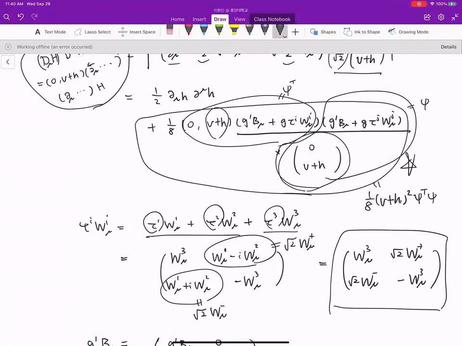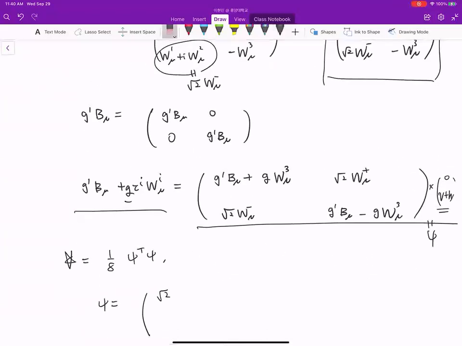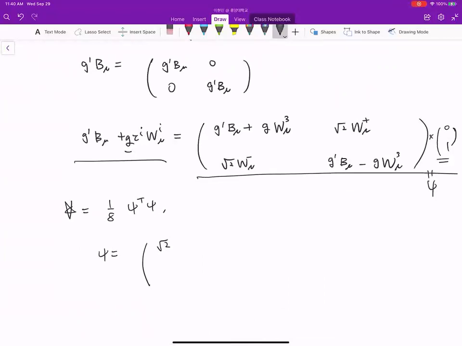Psi does not contain this v plus H, because it will be factorized as an overall factor. Okay, (0, 1) for the column vector.